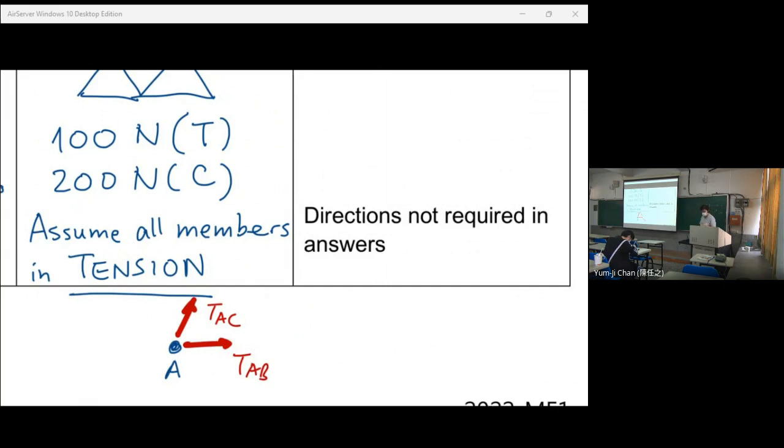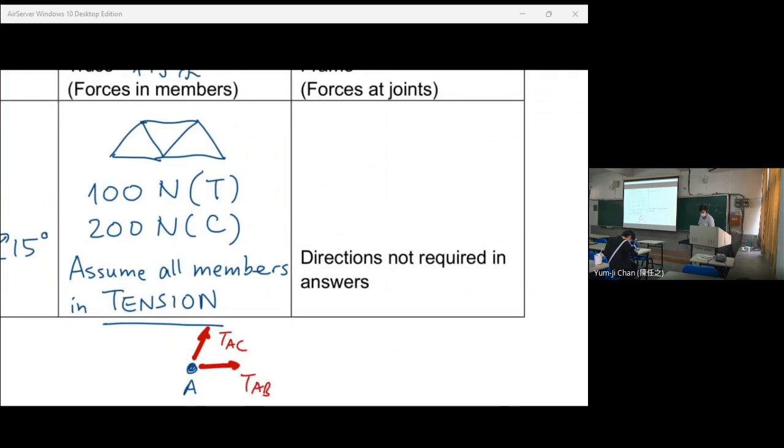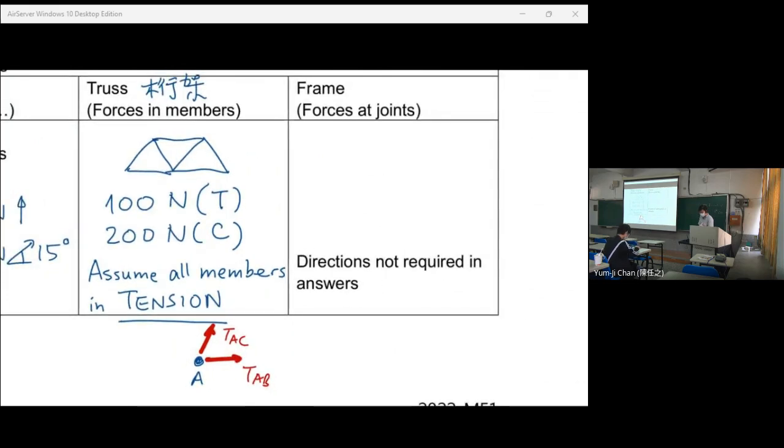And the last group is for frames, where we determine forces at joints or forces between members. For forces between members, look at the textbook, you draw AX or AY here.